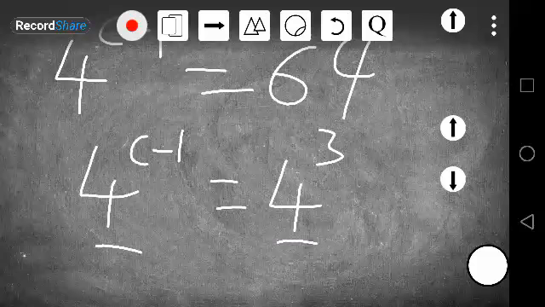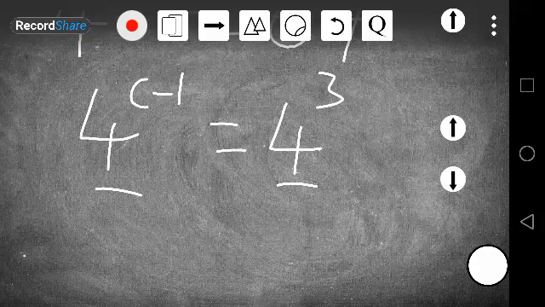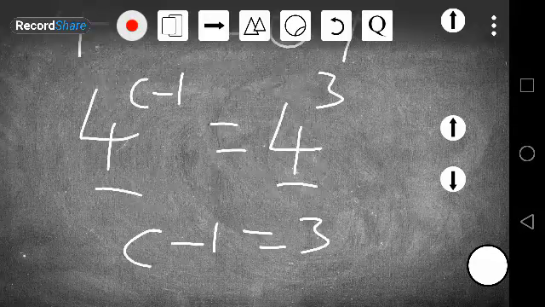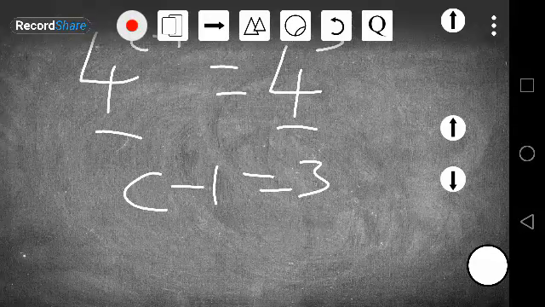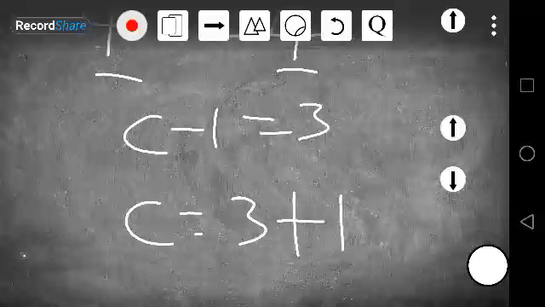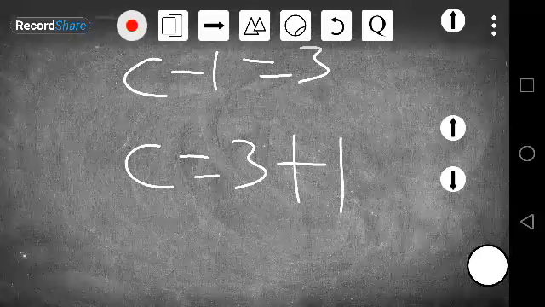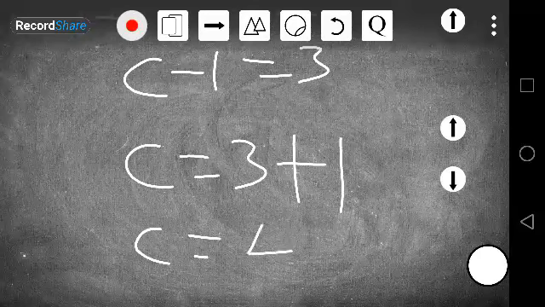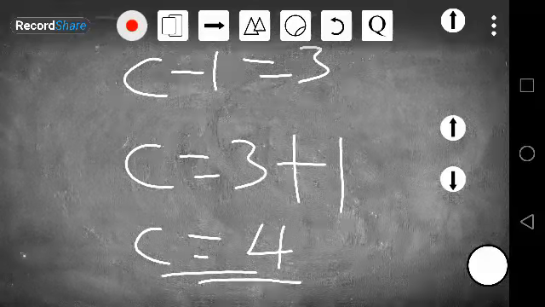Since our bases are the same, we can now equate the powers. So c minus 1 will be equal to 3. So c is equal to 3 plus 1, remember negative 1 crossing the equal sign becomes plus. So c will be equal to 4. So this will be our answer.